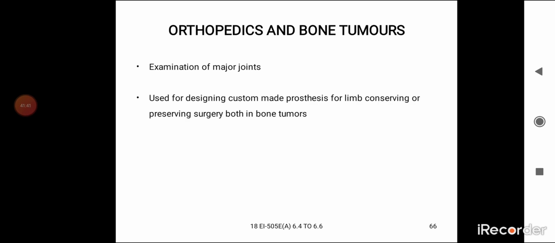It is used for designing custom-made prostheses for limb conserving surgery in bone tumors, and for traumatic fractures.